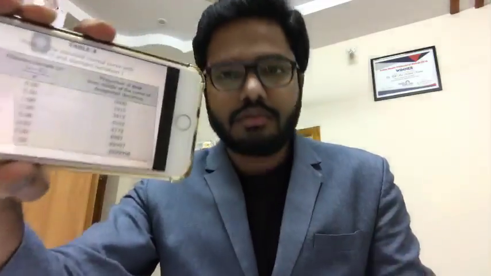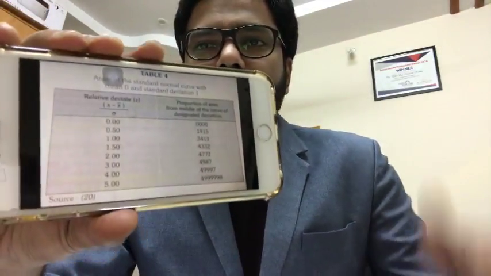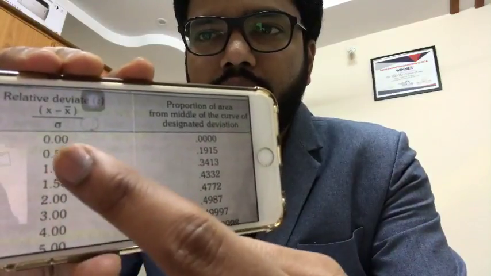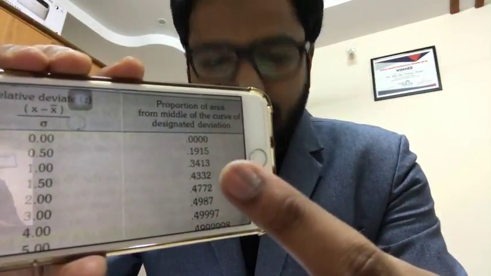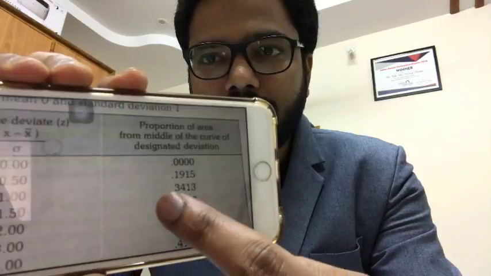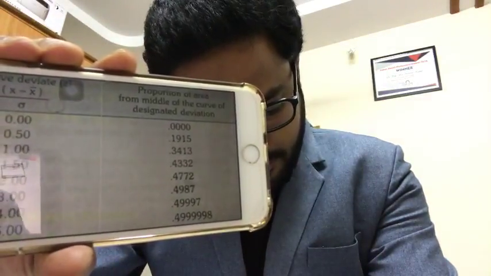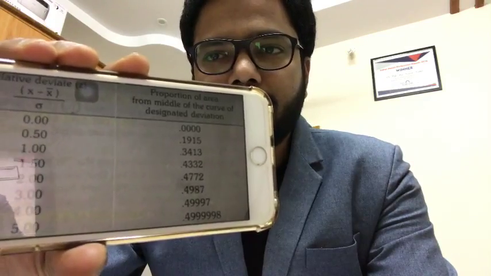And if you observe a table here, in the book they have given the areas of the standard normal curve with mean 0 and standard deviation 1. Let me show you that table. You just have a look at this table. If Z-score is 0, then you can see the proportion of area from the middle of the curve of designated deviation, right?